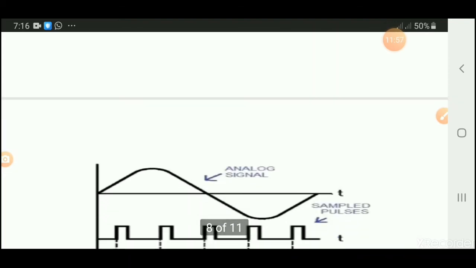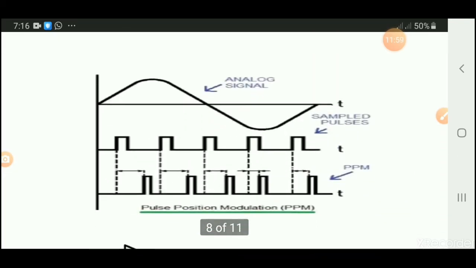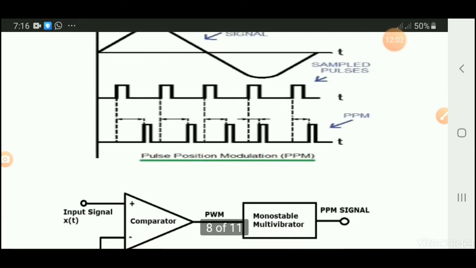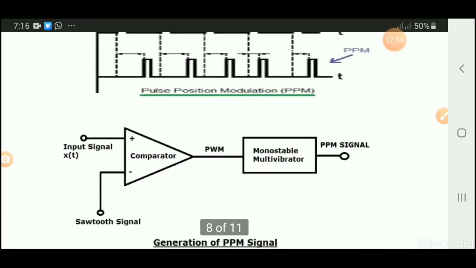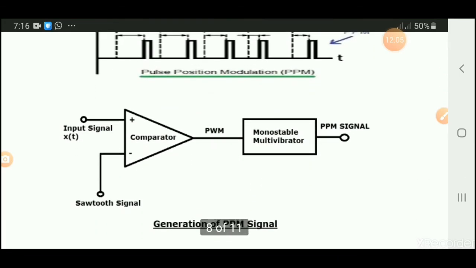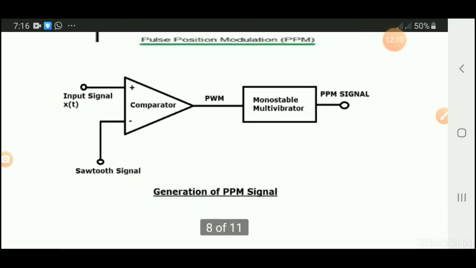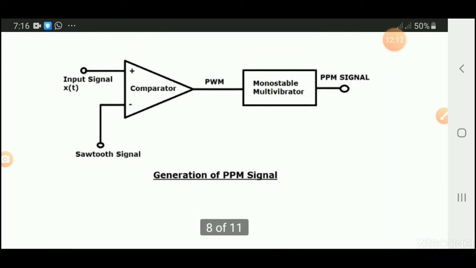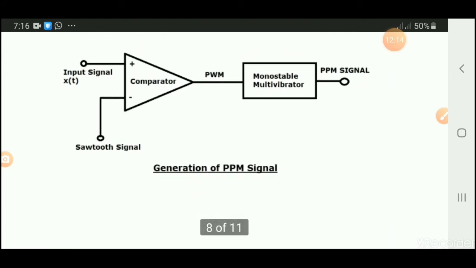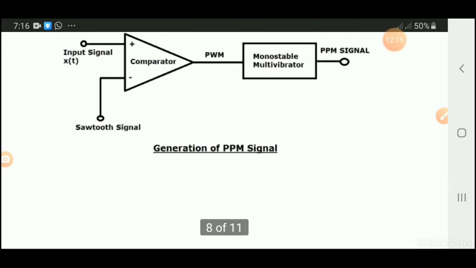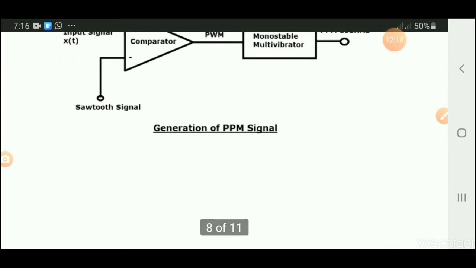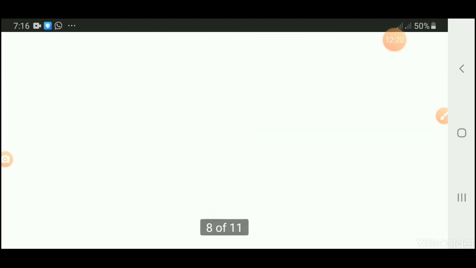Below figure shows the pulse position modulation, PPM. First comes the comparator, where the signal is compared with a sawtooth signal, giving PWM. The output is given to the monostable multivibrator, and its output is the PPM signal. Generation of PPM signal.